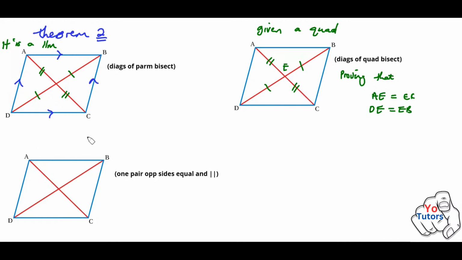Now, what is this last part here? This last part is actually the last theorem. What does your last theorem say? It says if one pair of opposite sides are equal and parallel, then it is a parallelogram.